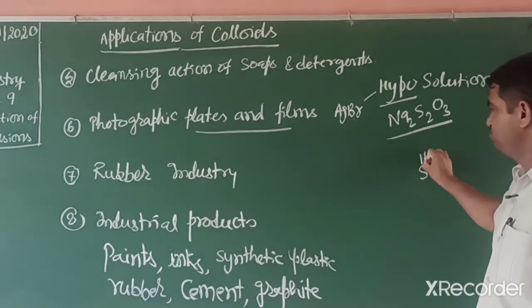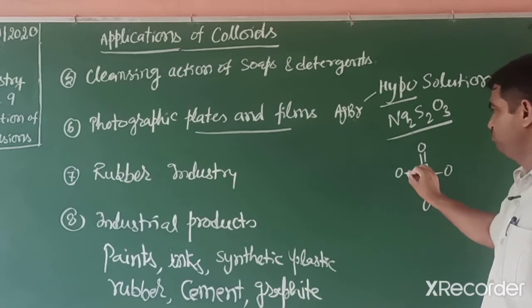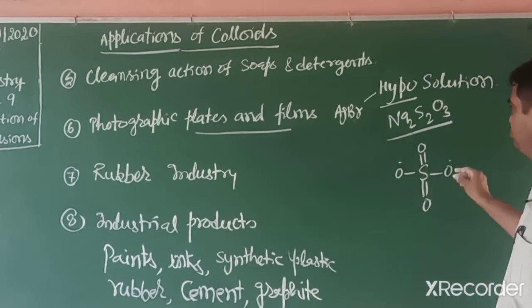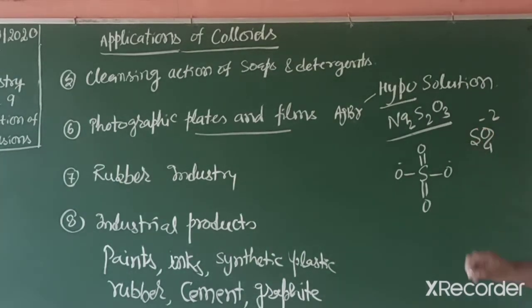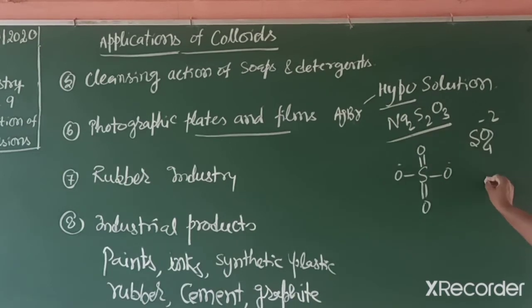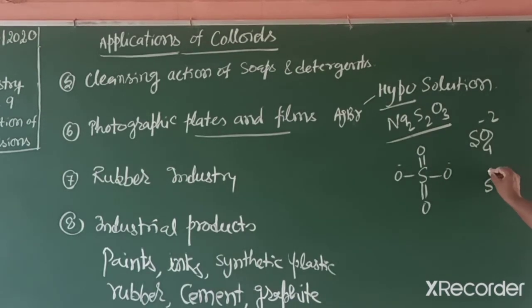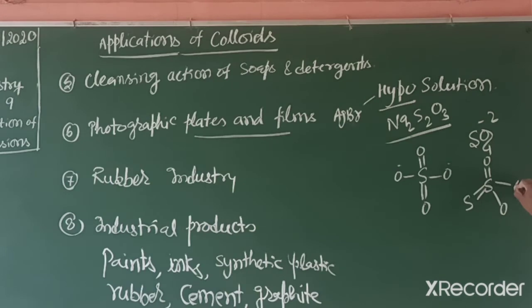You know, students, this one is the sulfate formula like this. That is sulfate SO4. We can represent sulfate in this way. In a similar way, if we replace one oxygen by sulfur, that is thiosulfate, with a charge like this.